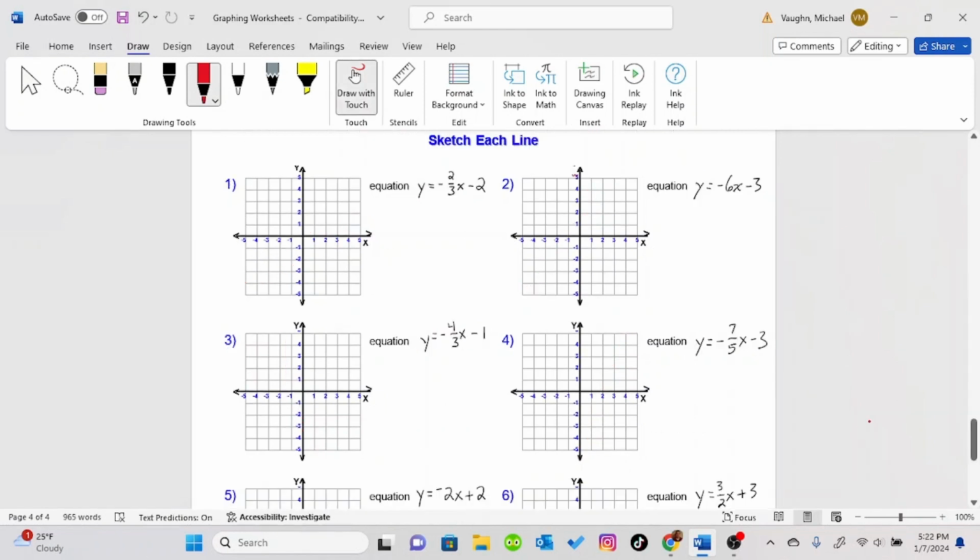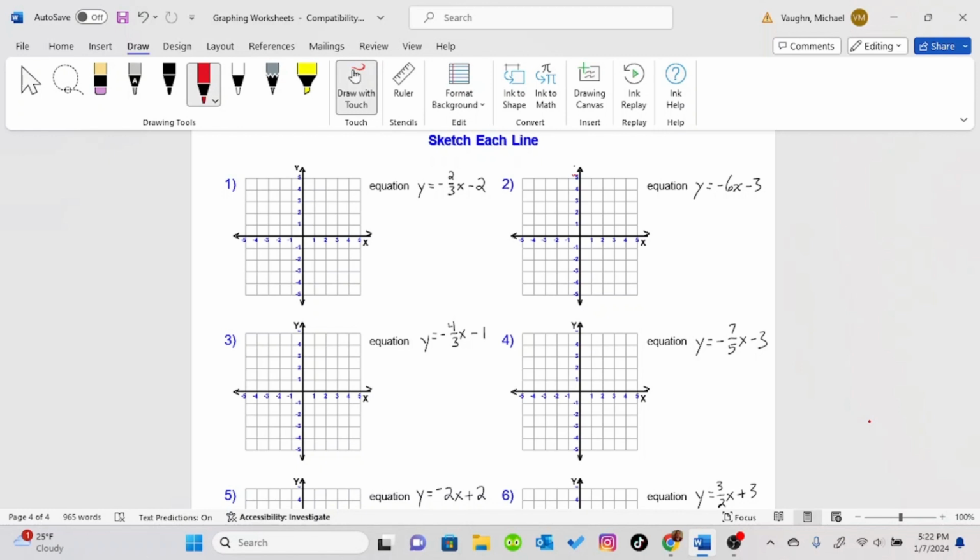On page 4, we're going to sketch each line. This time, they don't give you the y-intercept or the slope, and they don't ask you to find them first. So this just gives you practice looking directly at the equation and being able to draw just based off of that.